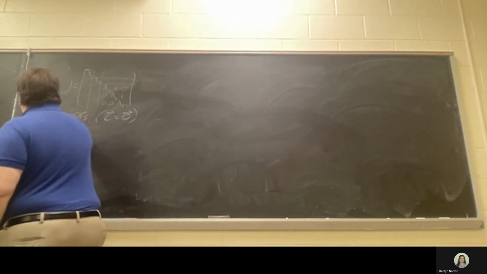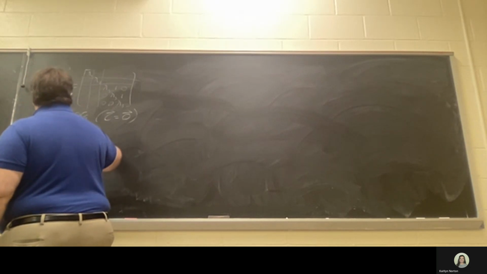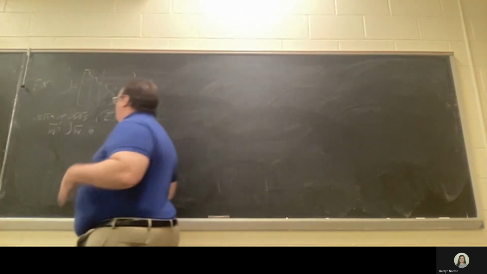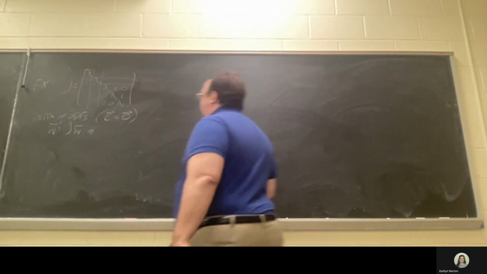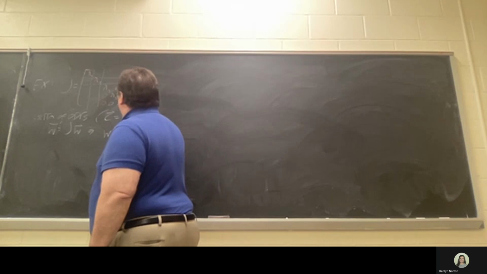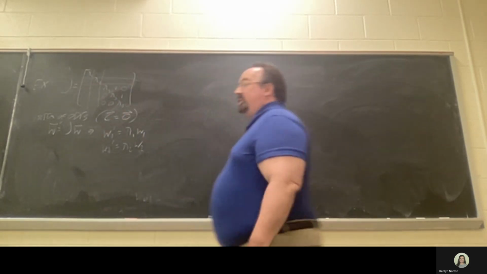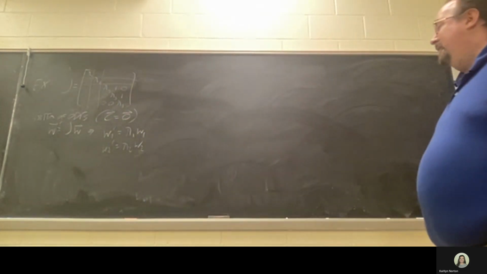So we have W prime is equal to JW, but now I'm going to write out what that is. W1 prime is lambda 1 W1. W2 prime is lambda 2 W2. So those 2 equations are completely independent of the rest. So we know how to solve those.